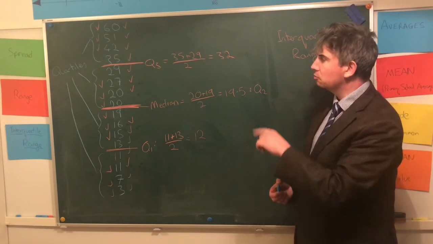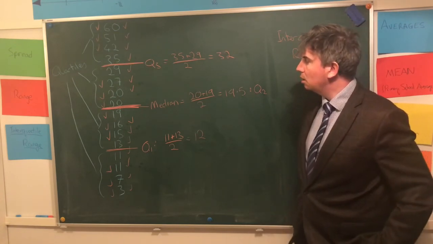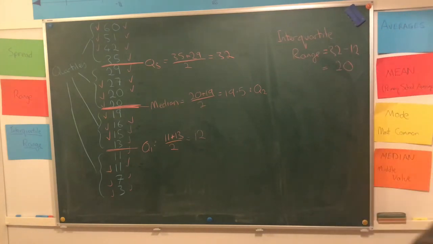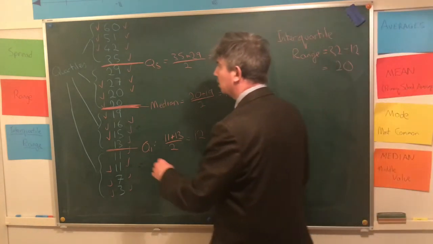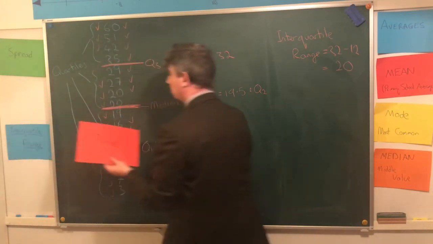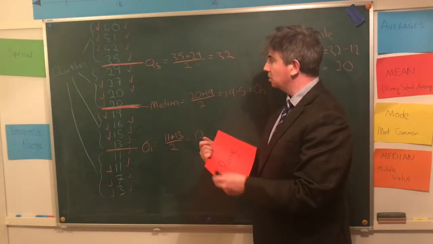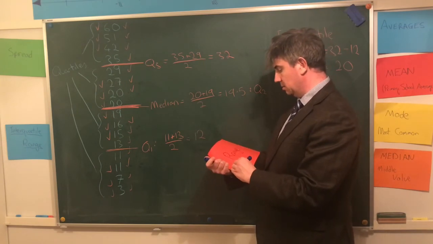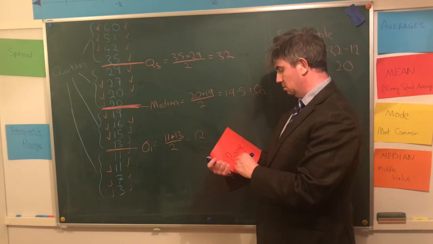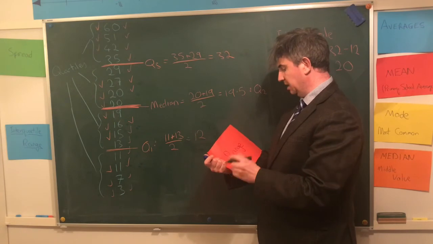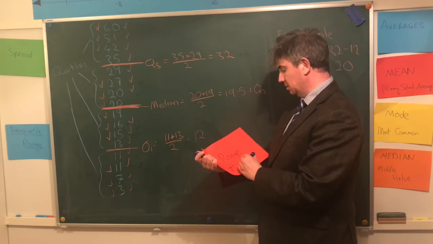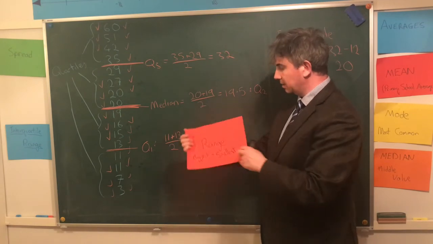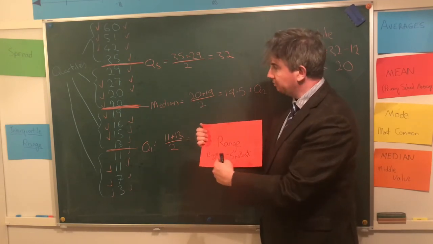We've also covered range. So just to recap, we might mark up how we calculate each of these. How do we calculate range again? Biggest minus smallest. So to calculate the range, I take the smallest away from the biggest.